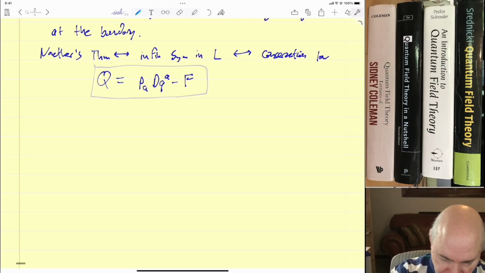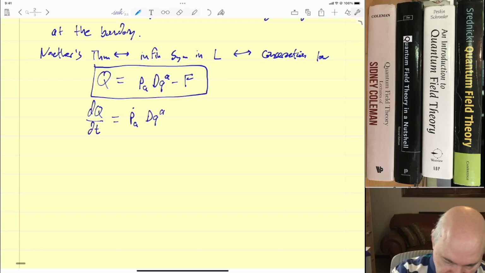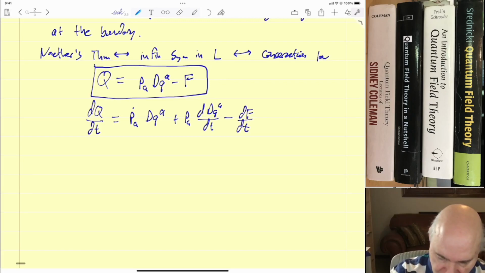Okay, so let's compute the derivative. Now remember the definition of the canonical momentum.